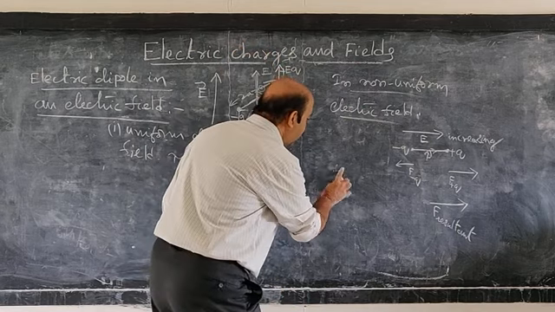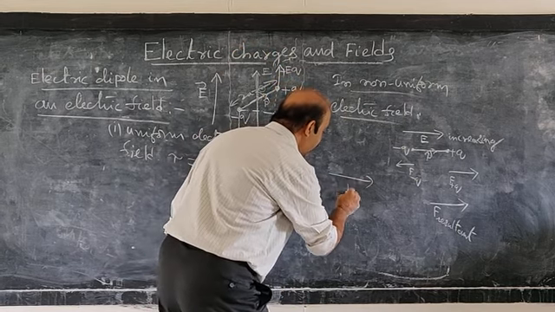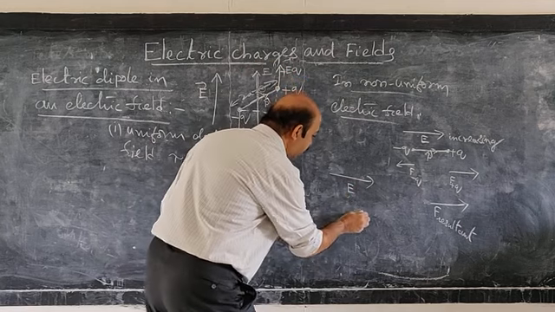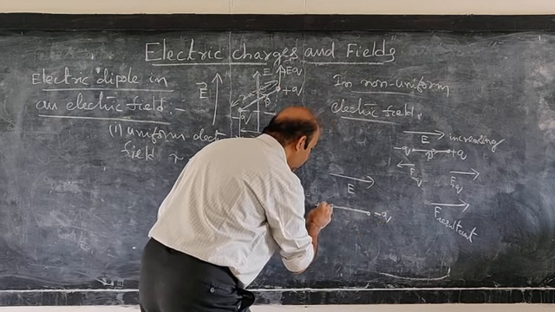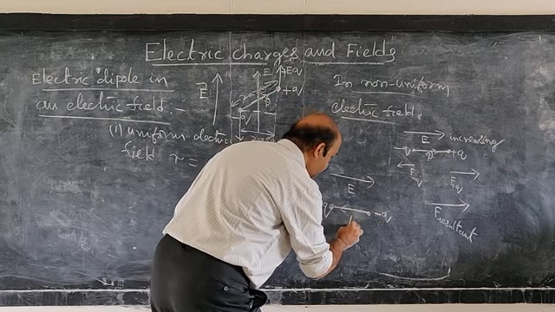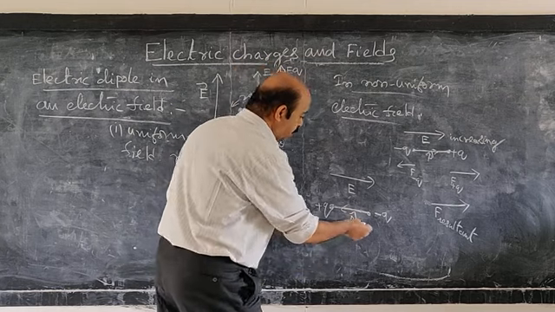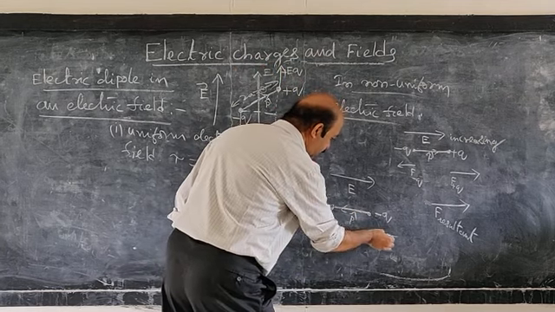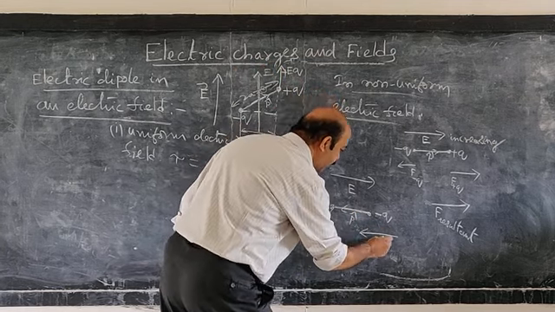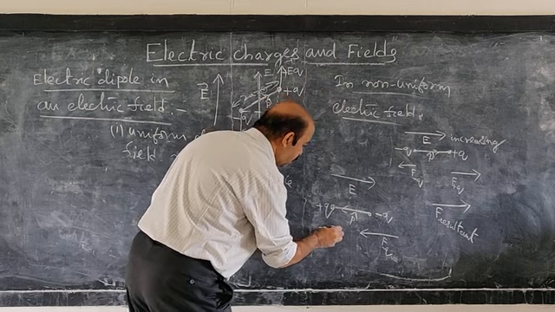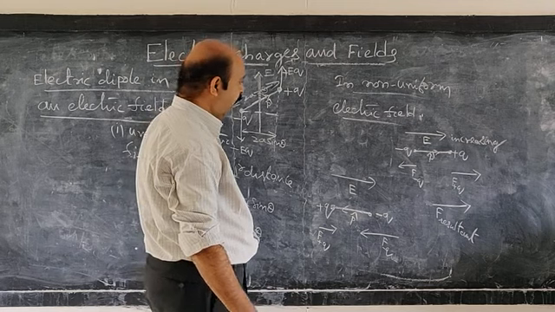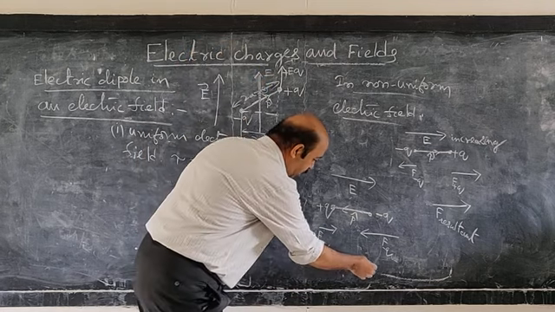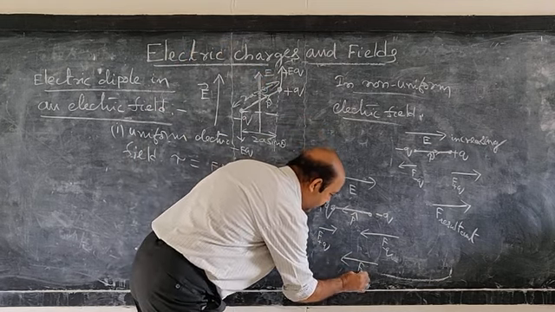Suppose the dipole is kept like this, the field is increasing like this, but the dipole is reversed. So here we have minus Q charge, here we have plus Q. So the dipole direction has reversed. Then what happens? On this, the force is like this, F minus Q, and on this the force is like this, plus Q. So the resultant force will be like this, F resultant.